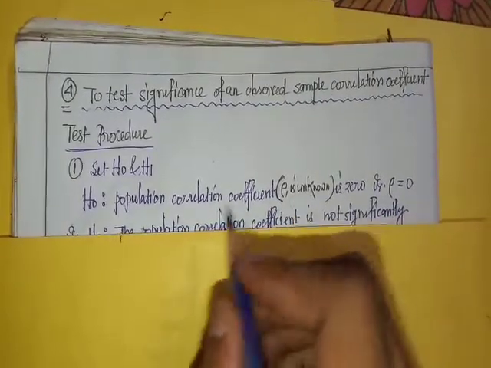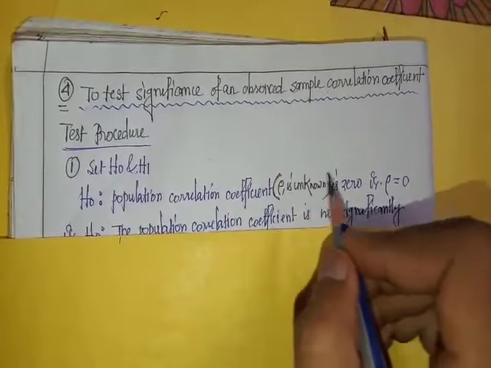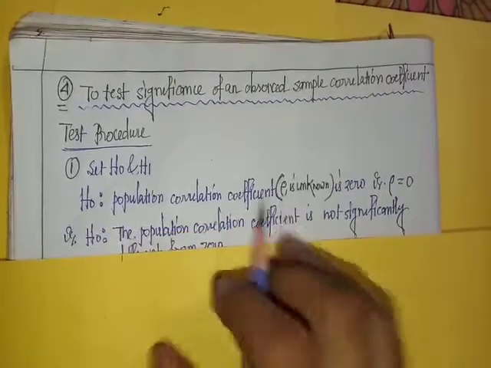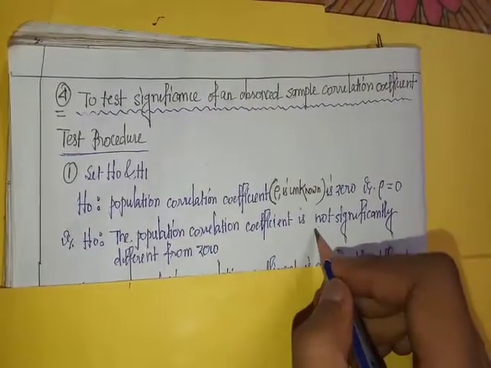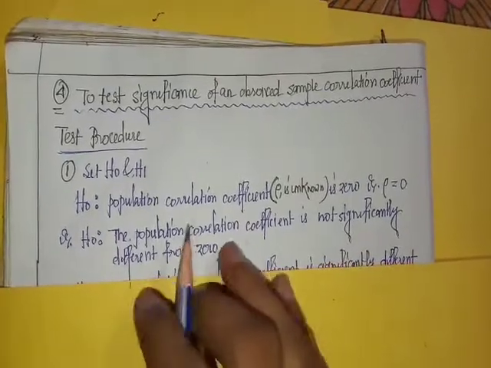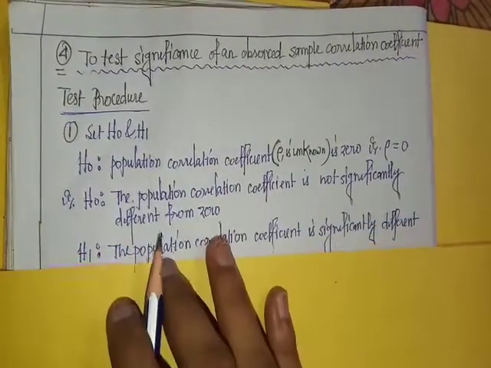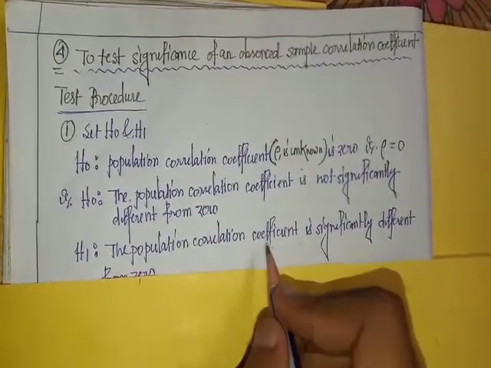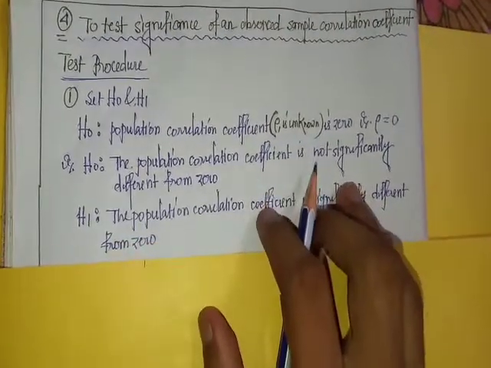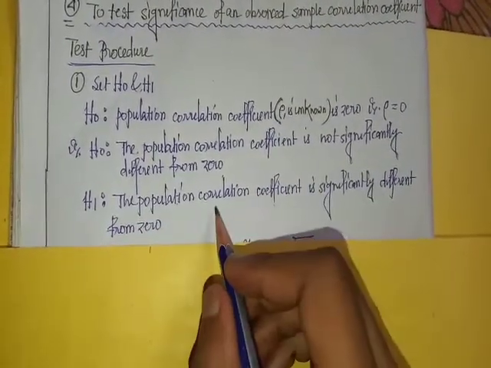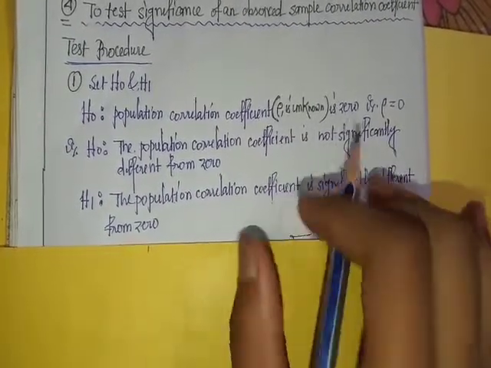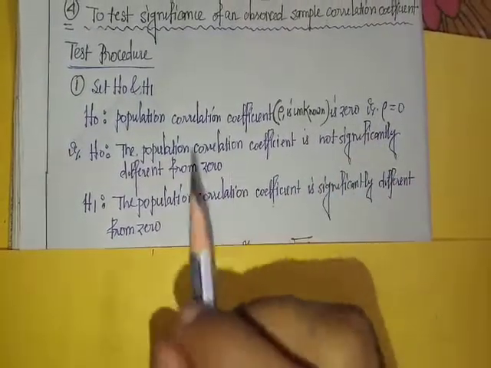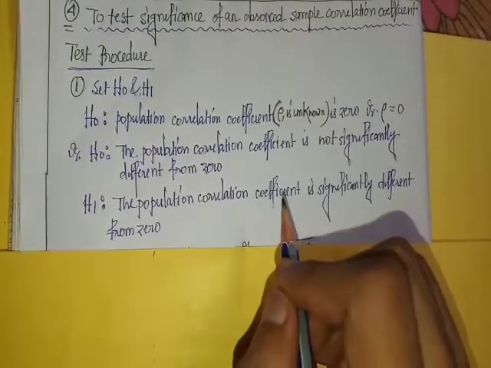Let rho be the population correlation coefficient, which is unknown. Rho is 0 means the population correlation coefficient is not significantly different from 0. The alternative hypothesis is that the population correlation coefficient is significantly different from 0. Here correlation coefficient means Karl Pearson coefficient of correlation.